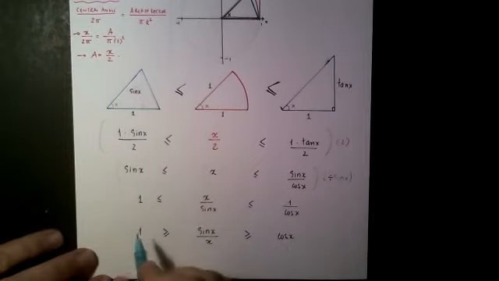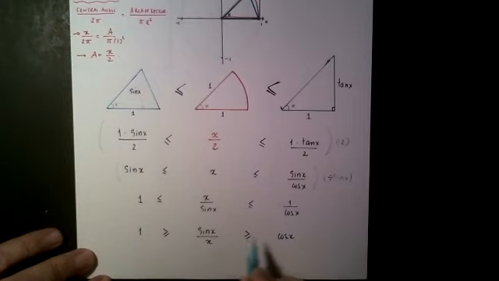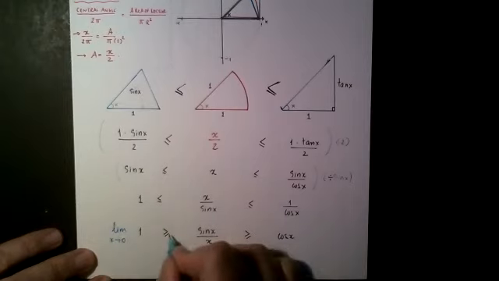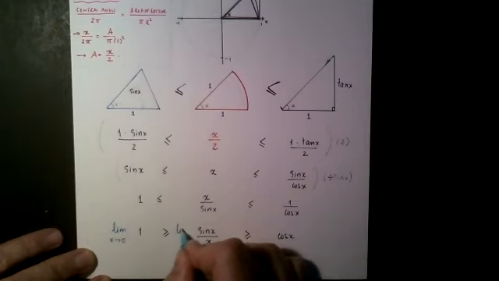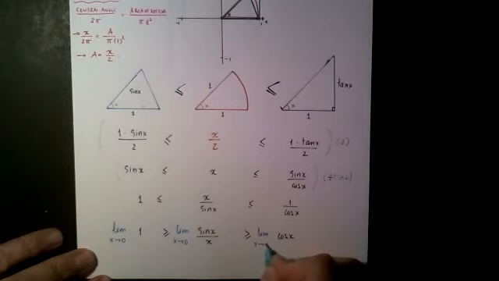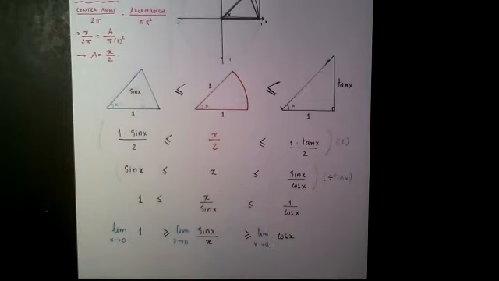So I could take the limit of each side. So limit as x approaches 0 of 1 is still bigger or equal than the limit as x approaches 0 of this, which is still bigger than limit x approaches 0 of that.